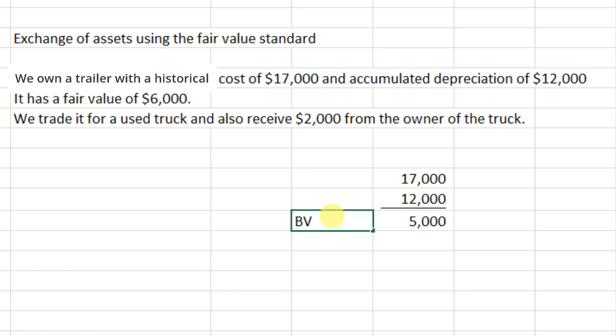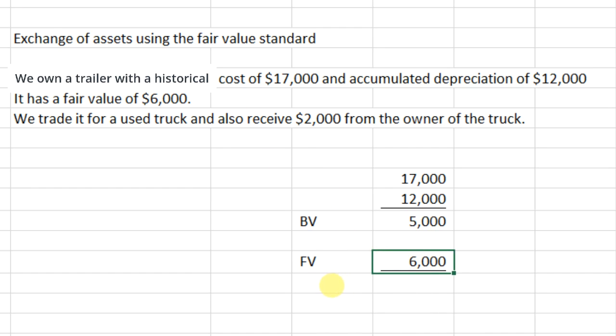So there's a book value. Now, if fair value is $6,000, then we can see quite easily that the fair value is $1,000 higher than the book value. So we're going to have a gain on this exchange of $1,000.